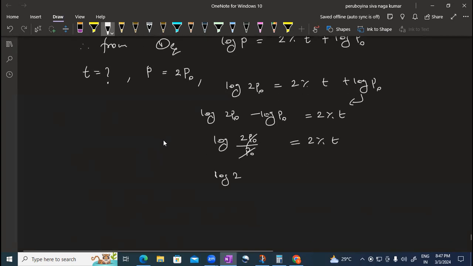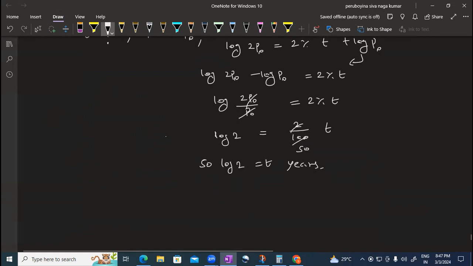So log 2 is equal to 2% means 2 by 100 into T. It goes to cancel in 50 times. So 50 into log 2 is equal to T years it will take for the population to double.